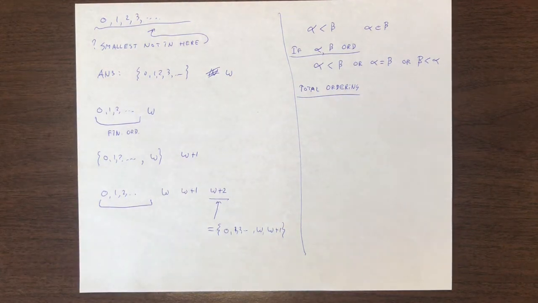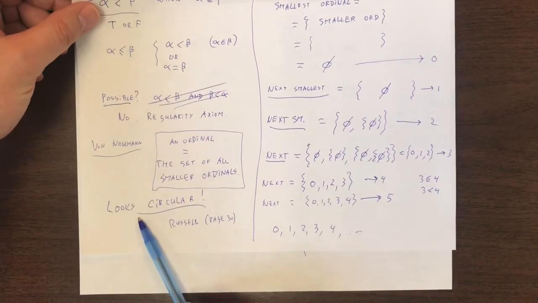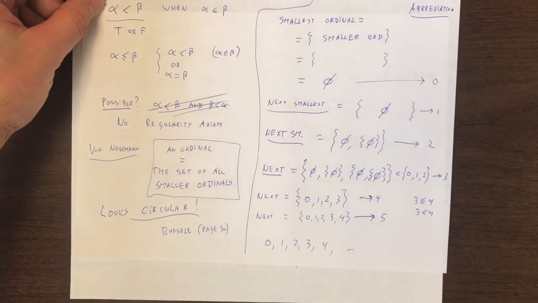Is that obviously true? Well, for the proof, I'll just refer you to chapter 3. It's going to look different there because they didn't use von Neumann's definition. I just like von Neumann's definition because it looks so dangerously close to being circular, and yet it works. I just think that's awesome.